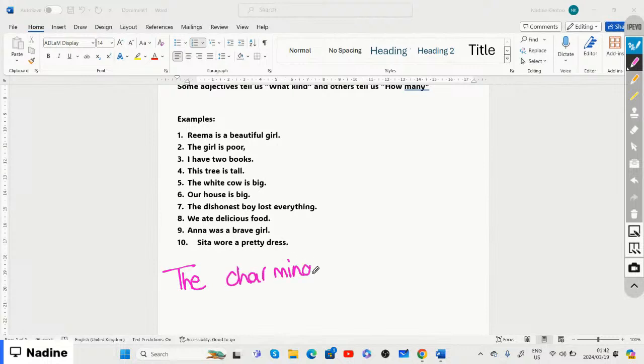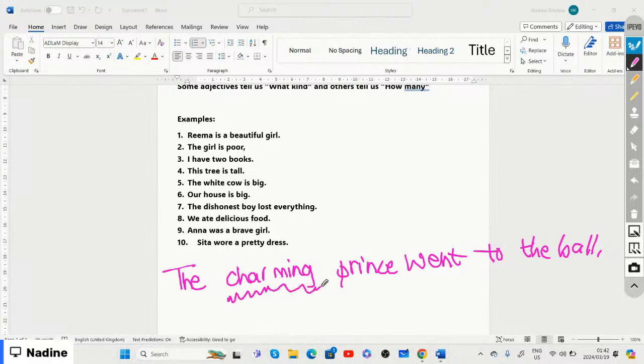We have the sentence, the charming prince went to the ball, and if we were to identify our adjective, we would identify it as charming. It tells us basically what kind of prince it is, right?